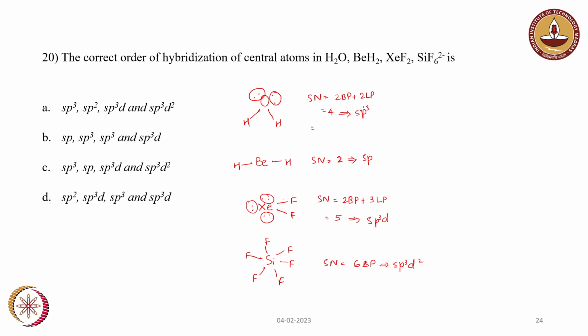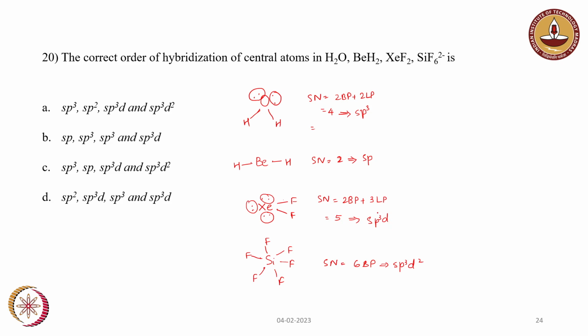So 4 hybrid orbitals required. So sp3 hybridization. In BeH2, 2 bond pairs are present. So 2 hybrid orbitals required. So sp hybridization. And in XeF2, we have 3 lone pairs and 2 bond pairs. That is, steric number is 5. So 5 hybrid orbitals required.